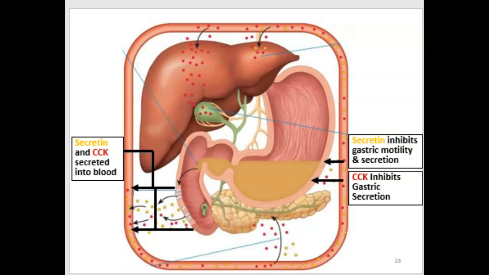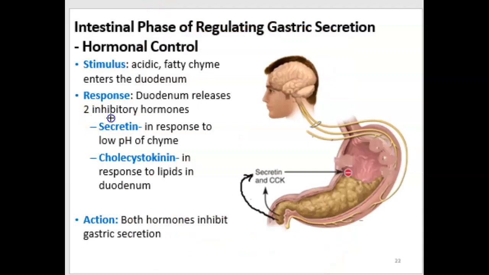So I want to stress that it's important that you know that secretin is made by the small intestine in response to the duodenum detecting low pH of chyme.